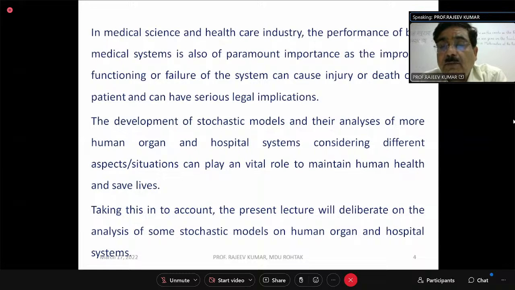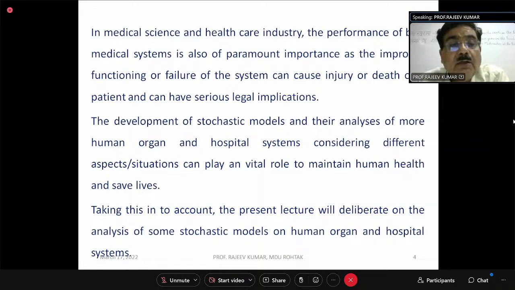For such systems which assist us in medical sciences, whether it is an apparatus or an instrument to measure a clinical trial, that instrument or machine should also work satisfactorily, because improper functioning or failure of such machines may cause injury to the patient and even death. There can be loss of life, and moreover there can be legal implications for the doctors or the hospital itself.